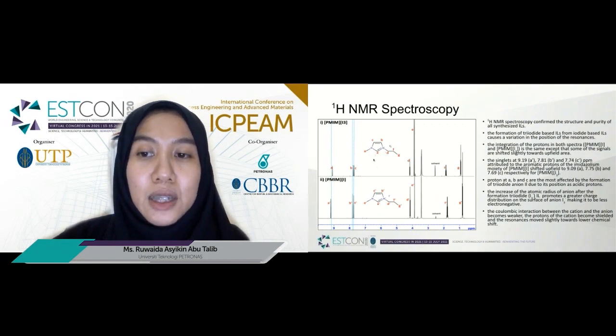The increase of the atomic radius of the anion after the formation of triiodide ionic liquid promotes a greater charge distribution on the surface of the triiodide anion, making it less electronegative. Hence, the Coulombic interaction between the cation and anion becomes weaker, the protons of the cation become shielded, and the resonances move slightly towards lower chemical shift, as we can observe in this spectrum of PMIM triiodide.